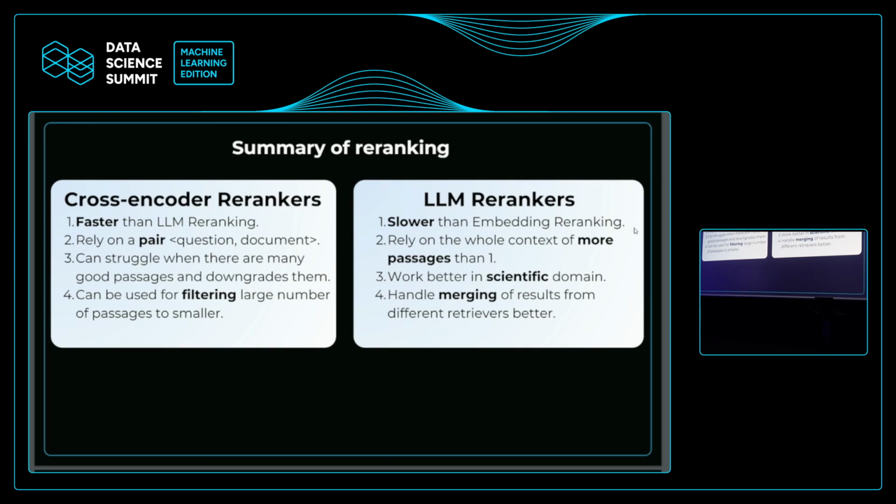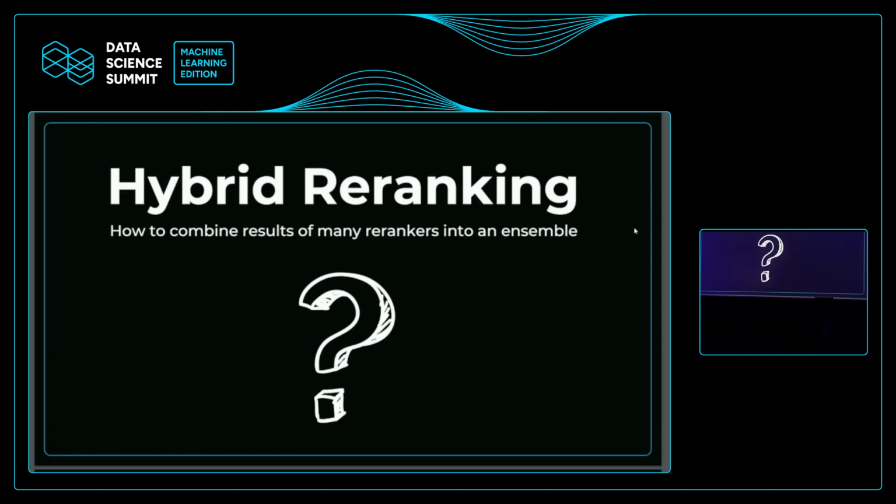But on the other hand, we have LLM re-rankers, which are much slower, but can take many documents at a single inference, and therefore they sometimes perform better. And we have seen that, especially on the scientific domains, they outperform the cross-encoder re-rankers. Now, Krzysztof will talk about how we can combine re-rankers.